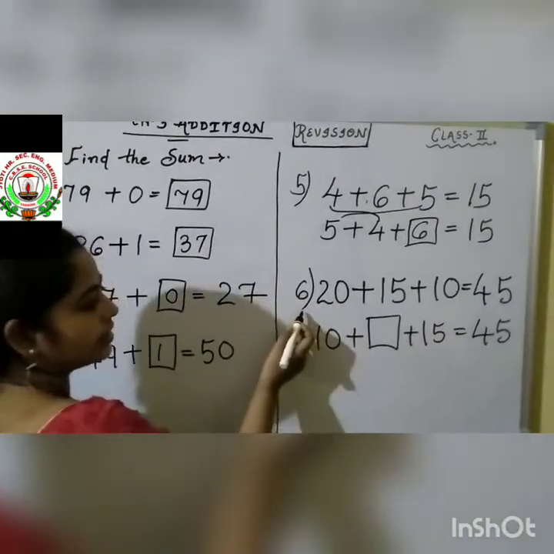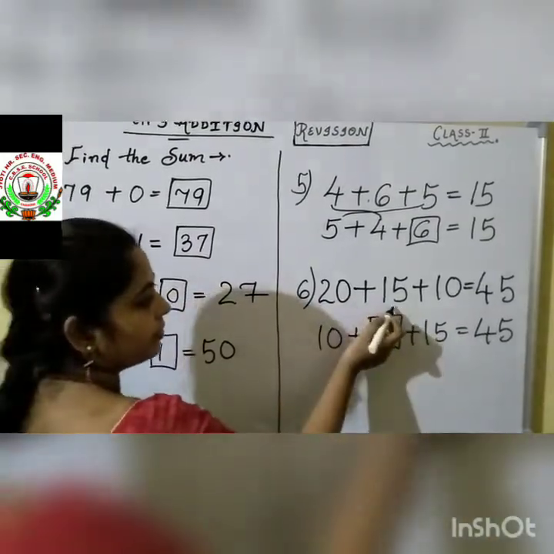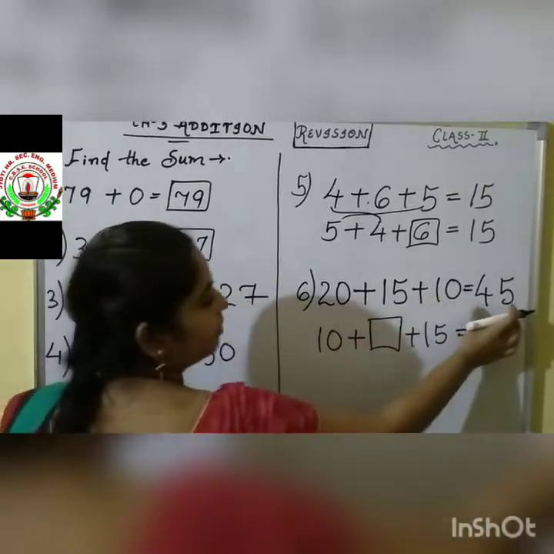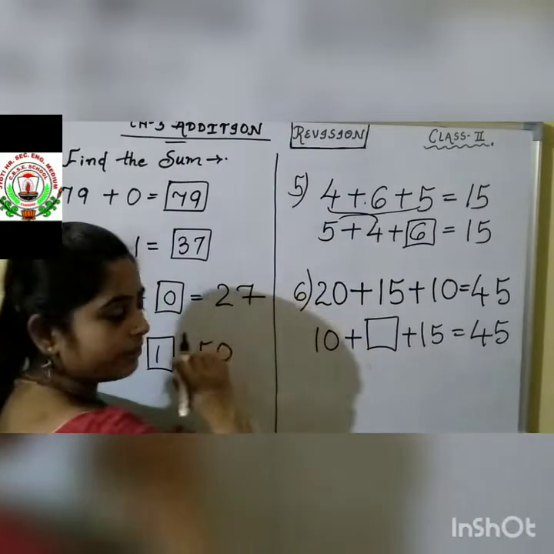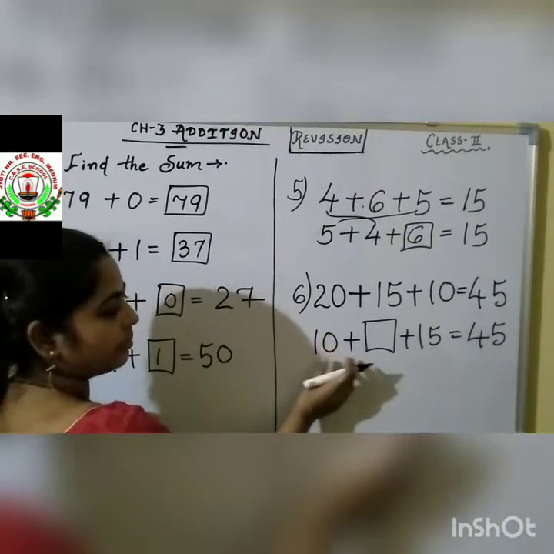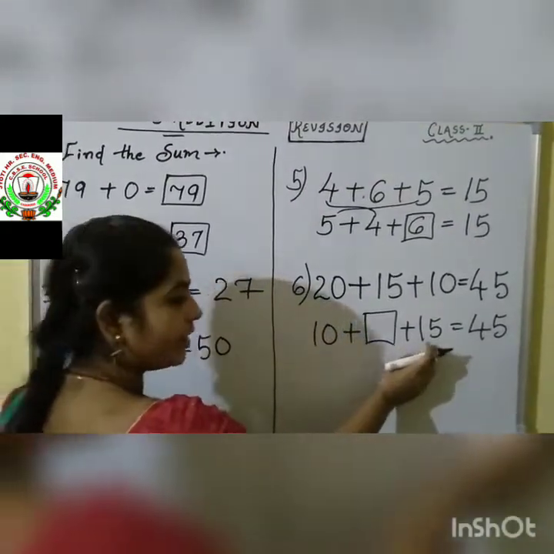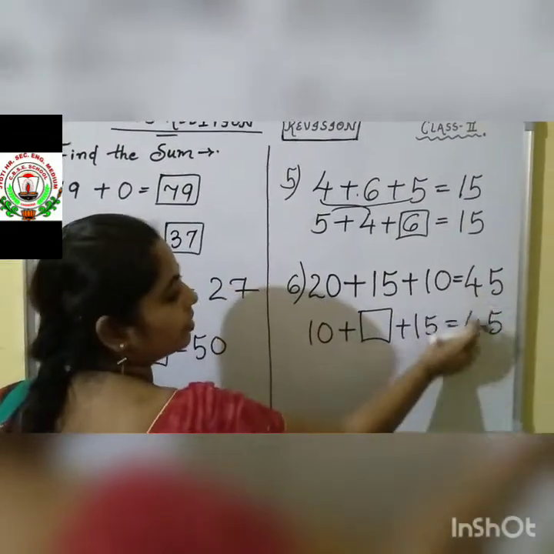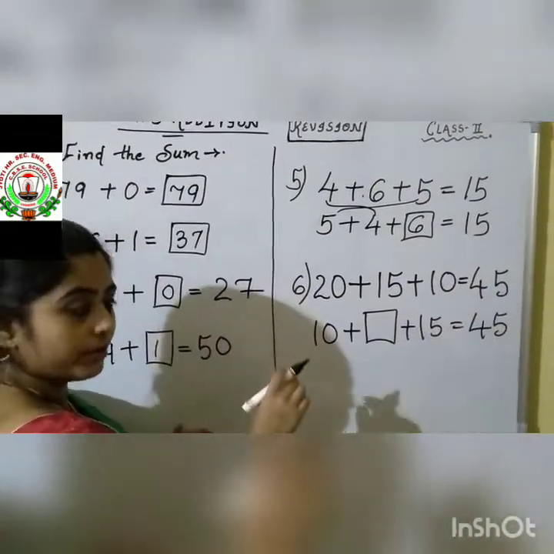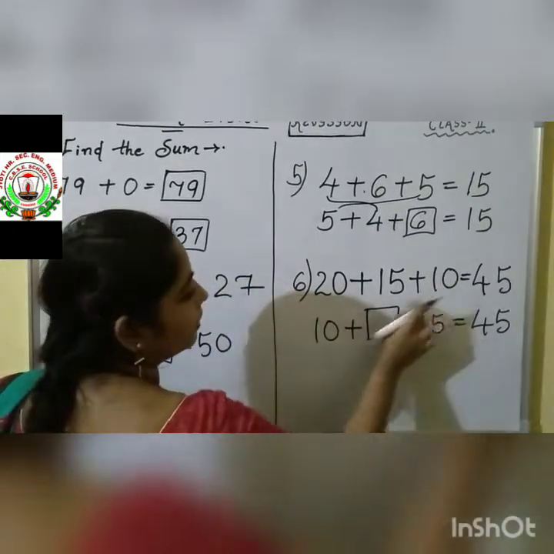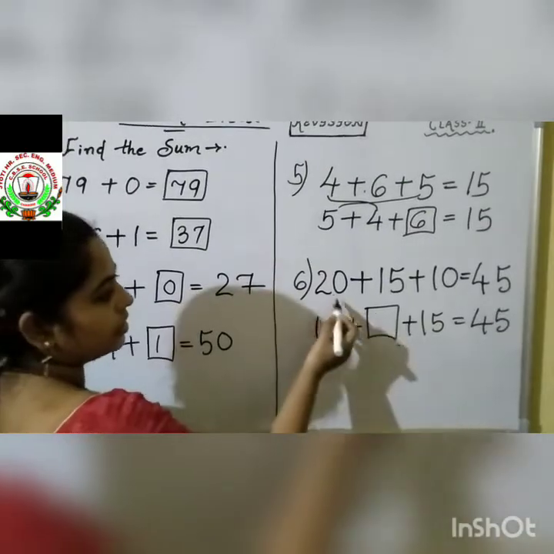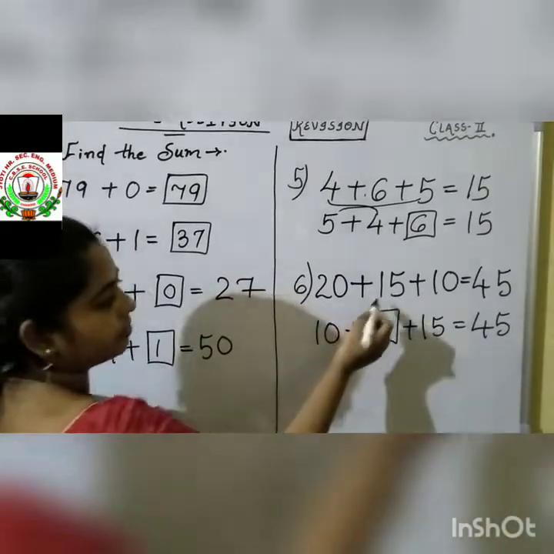Next question, see 20 plus 15 plus 10. Again see children, 3 numbers are given. After adding them, we get the answer 45. Next line, 10 plus blank plus 15. We get the answer as 45. See, both the answers are the same, 45. So what will we do? We will compare the numbers. 20 is not given, 15 is given.